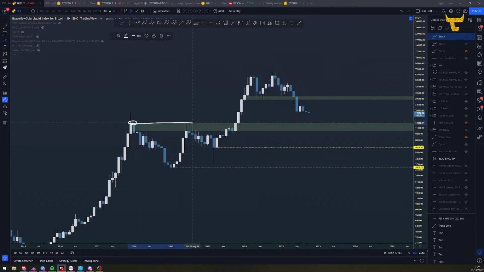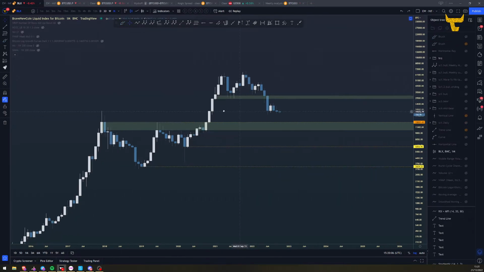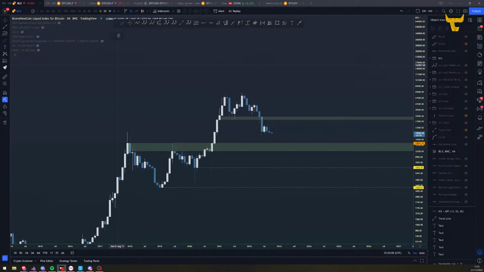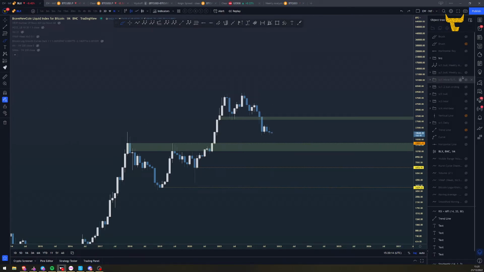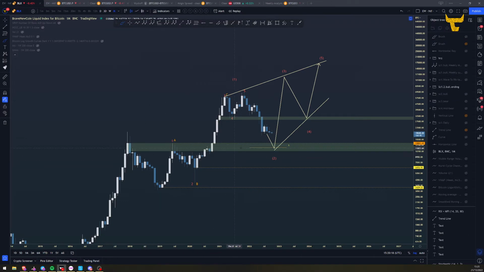So this area, if it's not being lost from a market structure point of view, it could really be the bottom, and we potentially have a count that would support that idea.